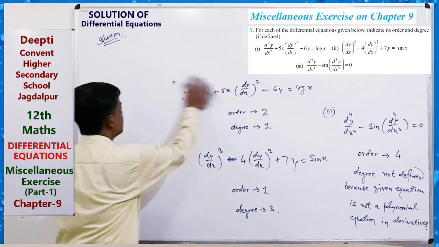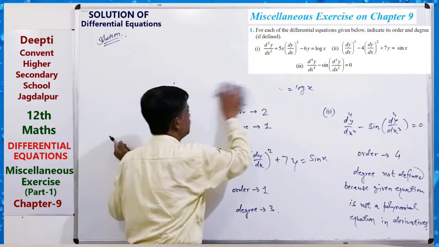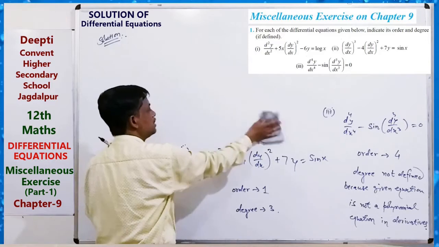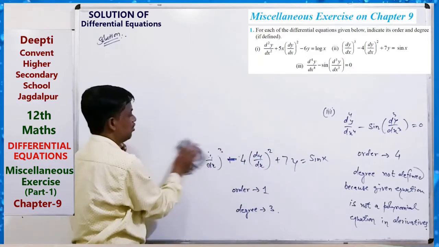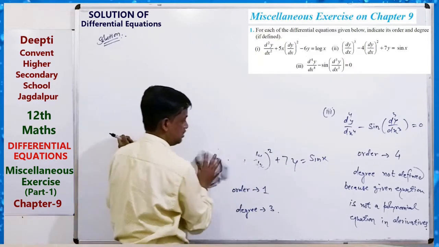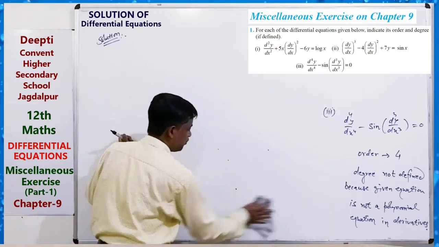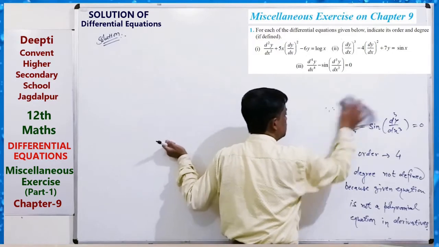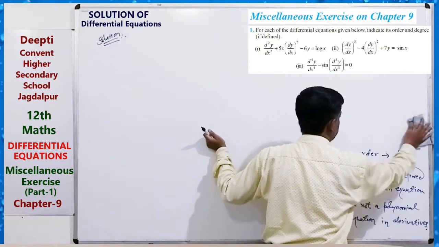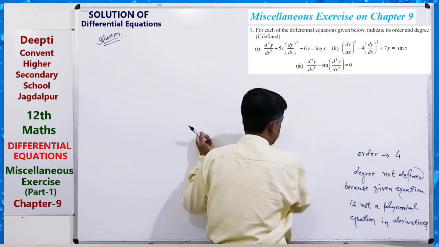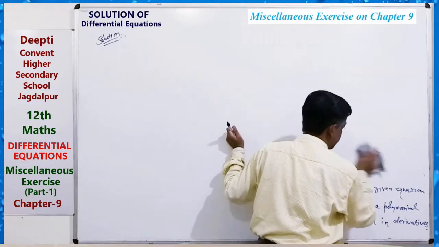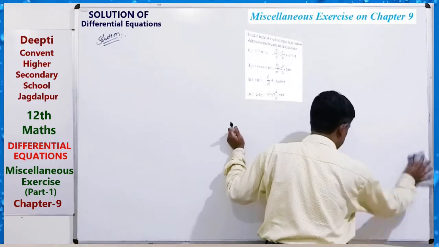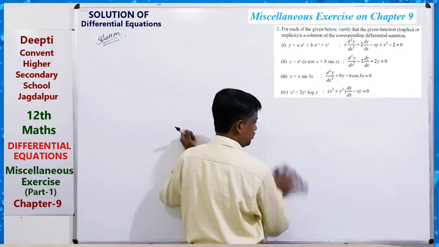The second question is for verification, whether a given relation is a solution of a differential equation or not. The very simple method is to find the derivative values, first order, second order, and put the values in the given differential equation on the left hand side and try to get the right hand side.